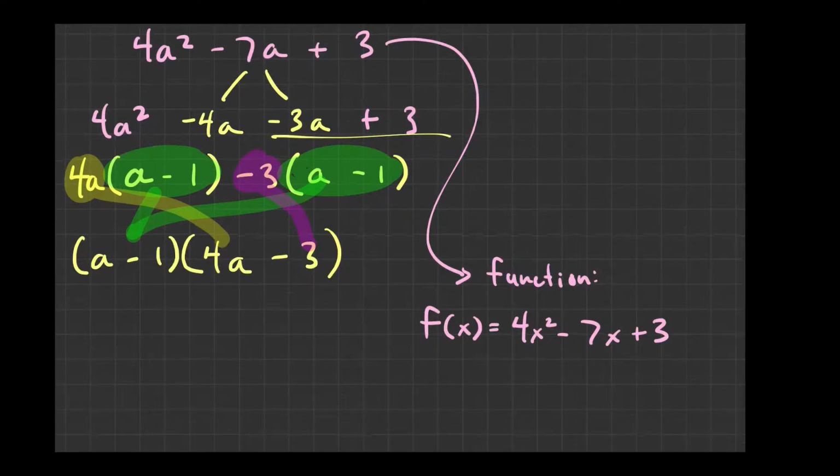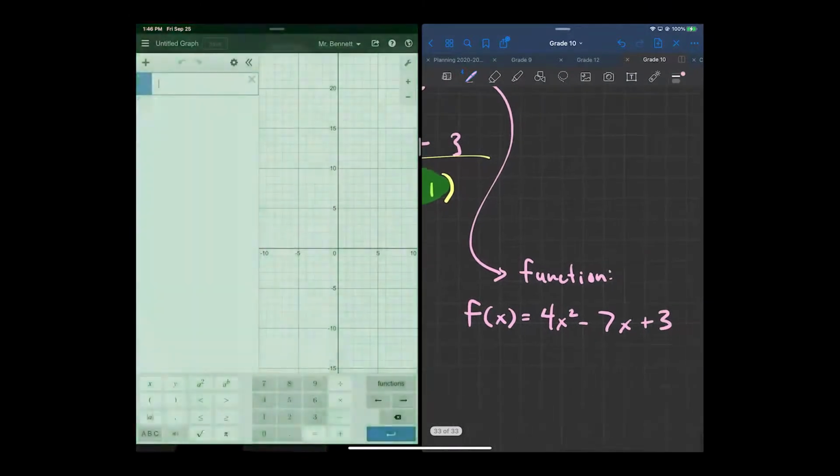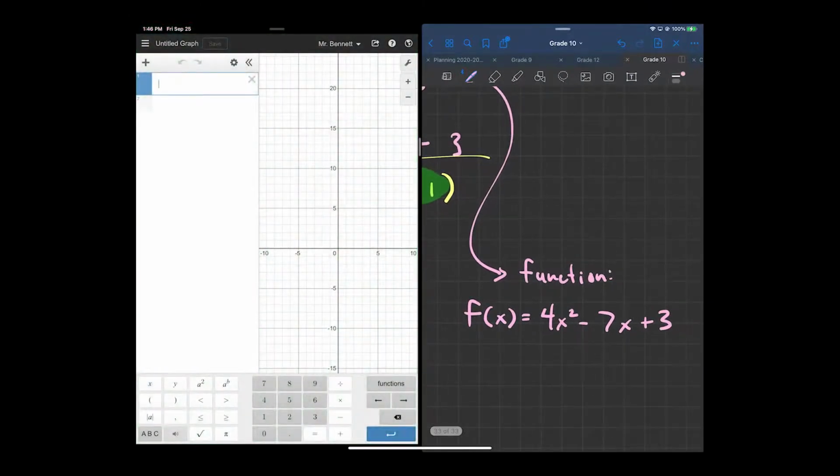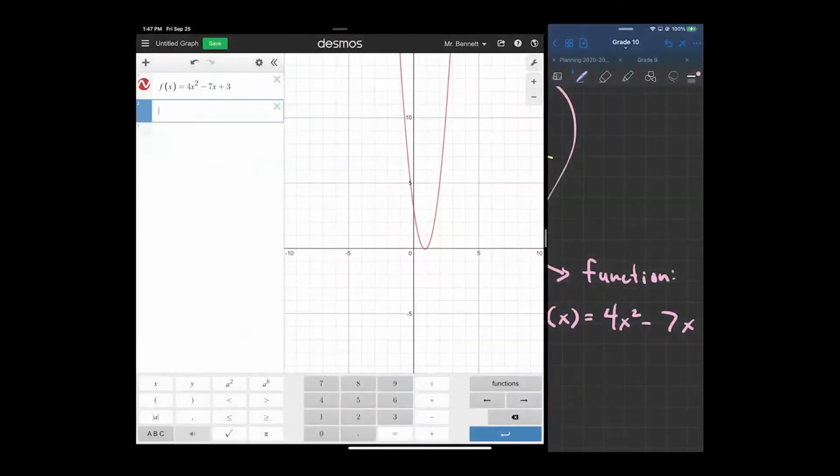These types of functions, we are going to spend a lot of time with this year. So I'll write f of x equals 4x squared minus 7x plus 3. Okay. So let's take a look at what's going on with this function here.